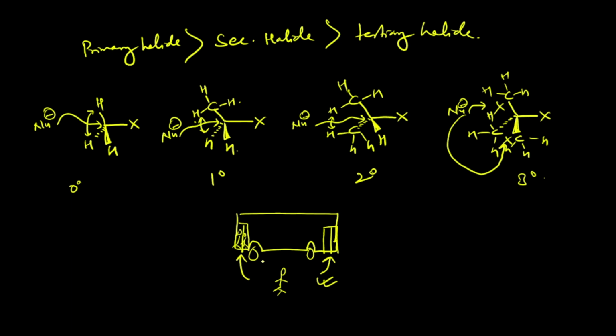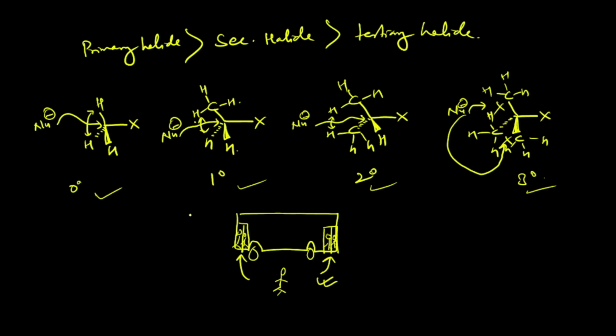So you will prefer to go this way, correct? And suppose in the third condition people are standing on this side also, then you will look for the next bus. You are not going to board this bus because it is too crowded. That same thing happens in chemistry also, right? It's 0 degree, 1 degree, 2 degree, 3 degree.